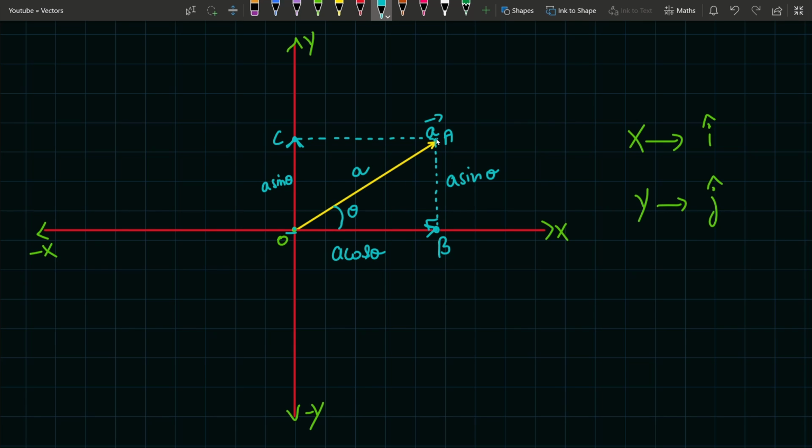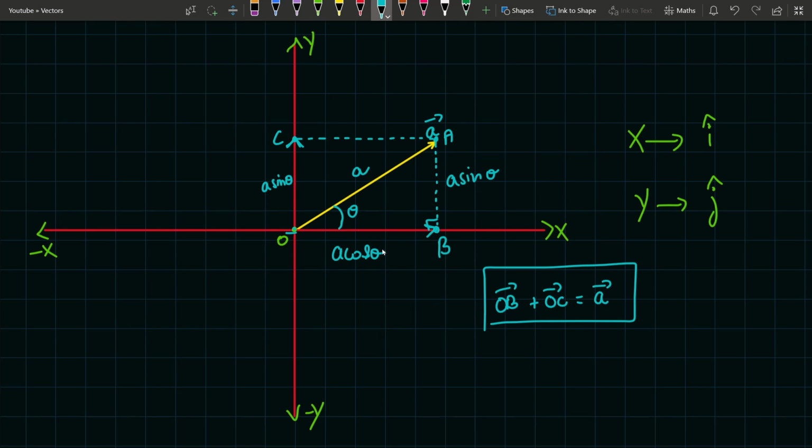Those two parallel lines meet at this point A, and if I join O and A, I get the A vector. Therefore, if I add OB vector and OC vector, I'll get my A vector. OB is a vector in the x direction and OC is a vector in the y direction.